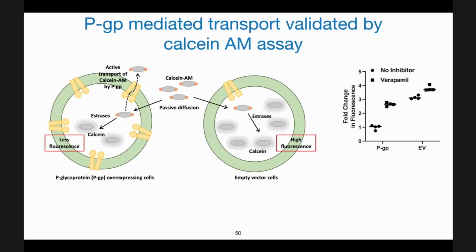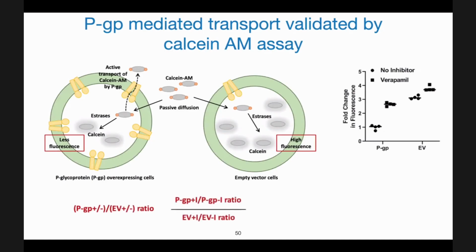And then this fluorescence was increased in both cases, but the increase for the PGP cell line was higher compared to the EV cell line, again due to the expression of P-glycoprotein in the P-glycoprotein overexpressing cells.